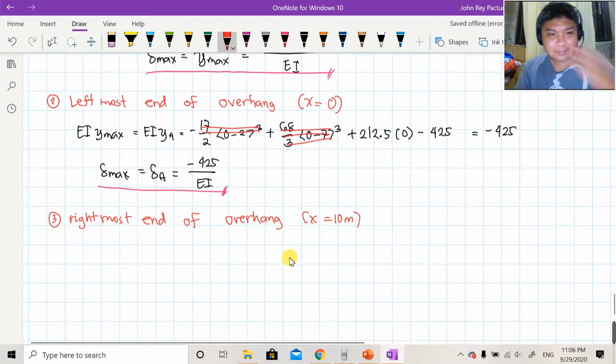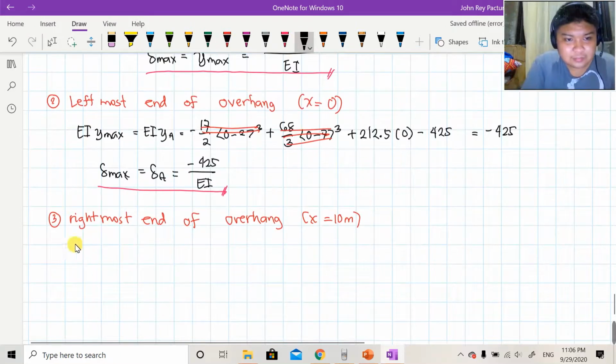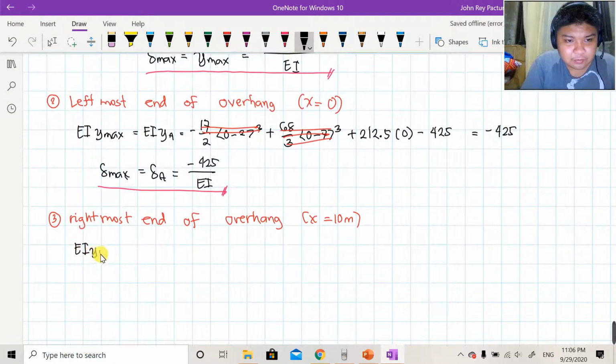So, same process as with the leftmost overhang, that is point D. So, EI y max is equal to EI yD.